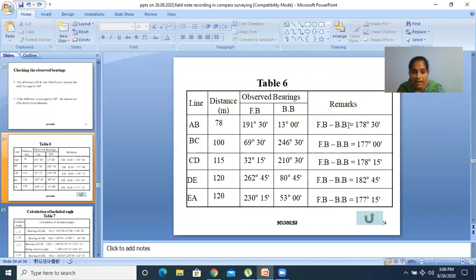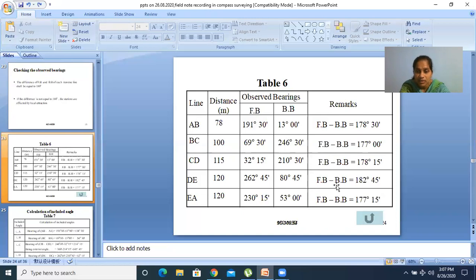Okay. So line AB, the difference between forebearing and back bearing is 178 degrees 30 minutes. Line BC, the difference is 177 degrees 00 minutes. For line CD, the difference is 178 degrees 15 minutes.